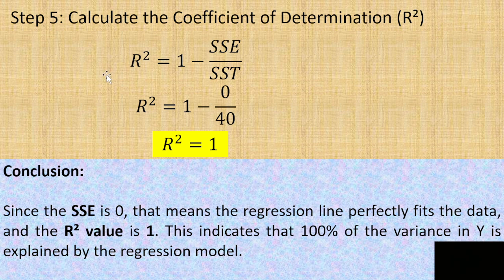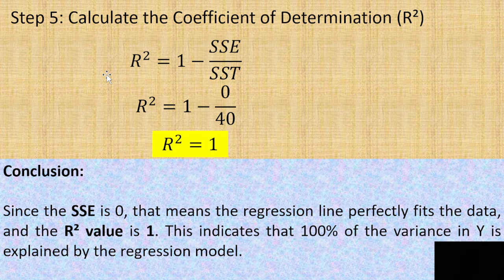Then, since we already have the value of SSE, we take the value of SSE and the value of SST. All we need to do here is substitute the given values. So our SSE is 0, SST is 40. So 0 divided by 40, that is 0. 1 minus 0, that is 1.